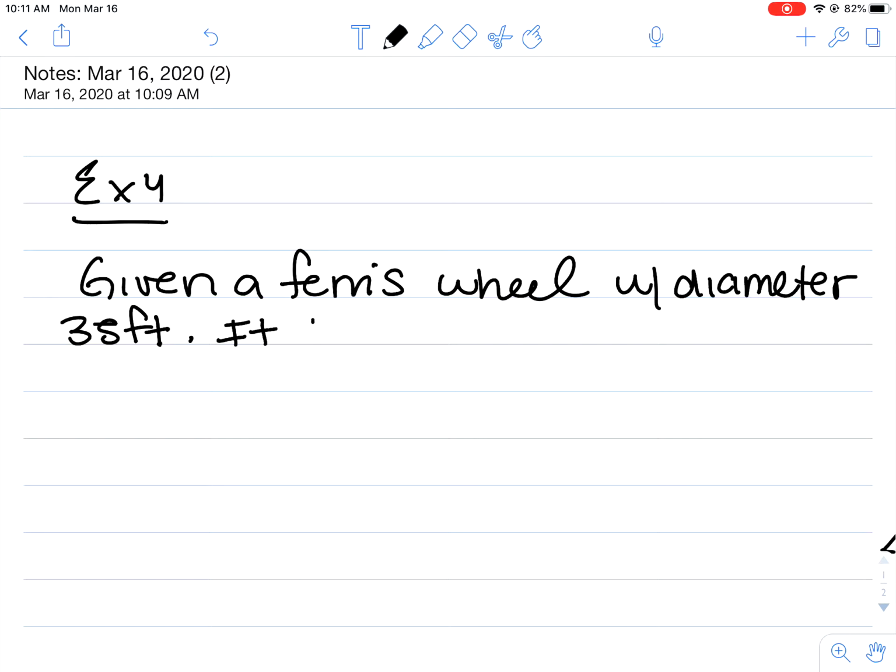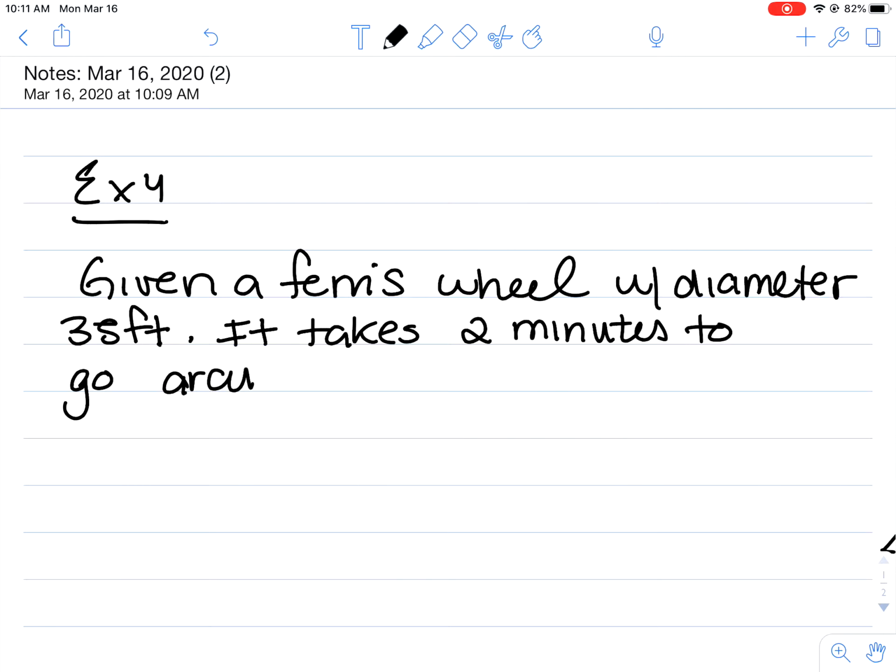It takes 2 minutes to go around once. Clockwise.